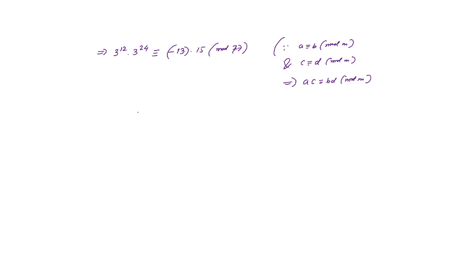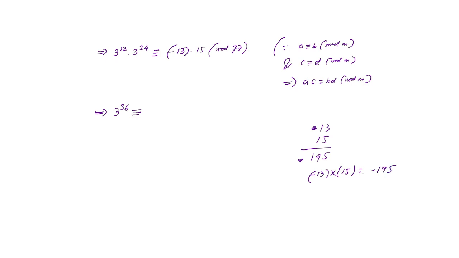So what do we get? We get 3 to the power 36 is congruent to minus 13 multiplied by 15, which is 195, so this will be minus 195.